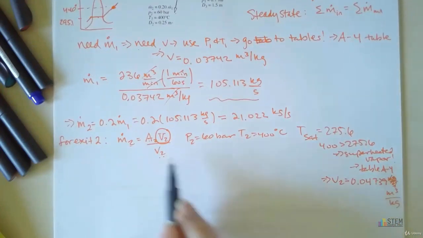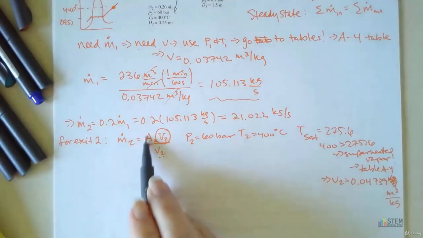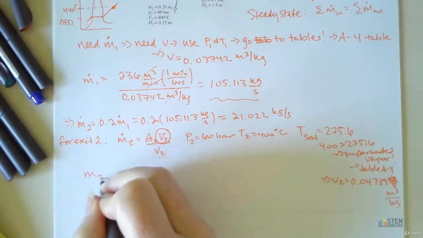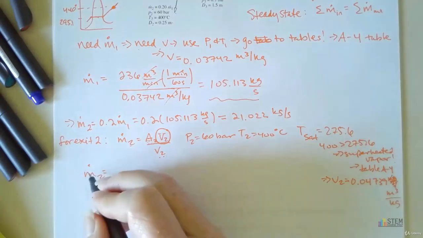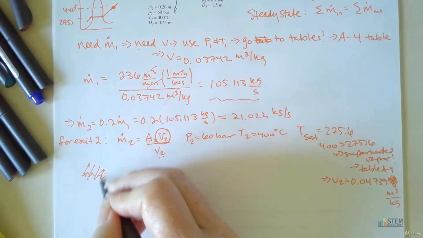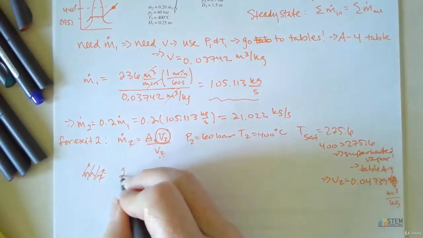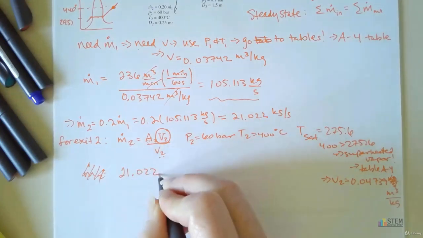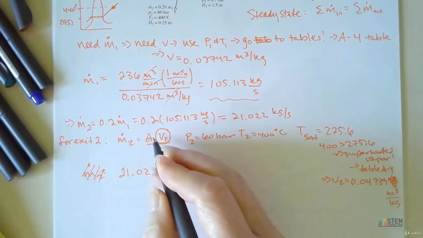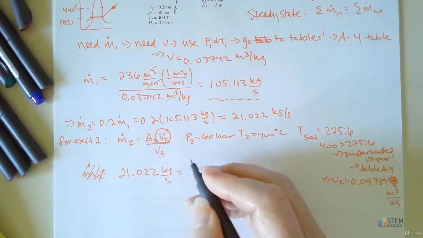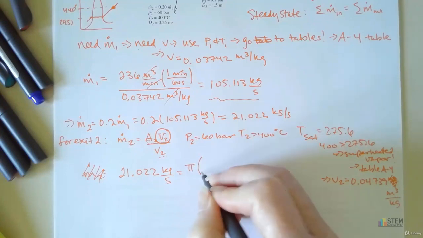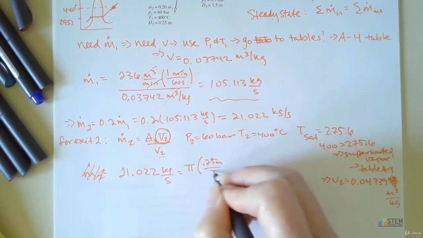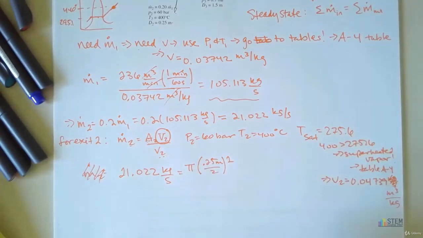We're going to take this number and plug it in along with our area. Actually, we already have M2 dot, so let's put that in first: 21.022 kilograms per second. For area, we have the diameter. Diameter is 0.25, and the area equation for a circle is pi r squared, so we have pi times 0.25 meters divided by 2, squared.